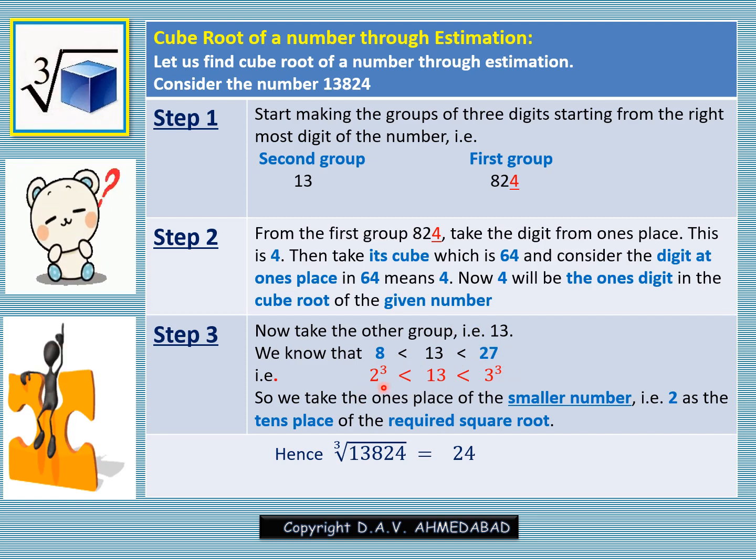Children, we always consider the smaller number and here smaller is 2. So 2 will be the digit at tens place of our answer. Hence, cube root of 13,824 is 24. Understood, children?